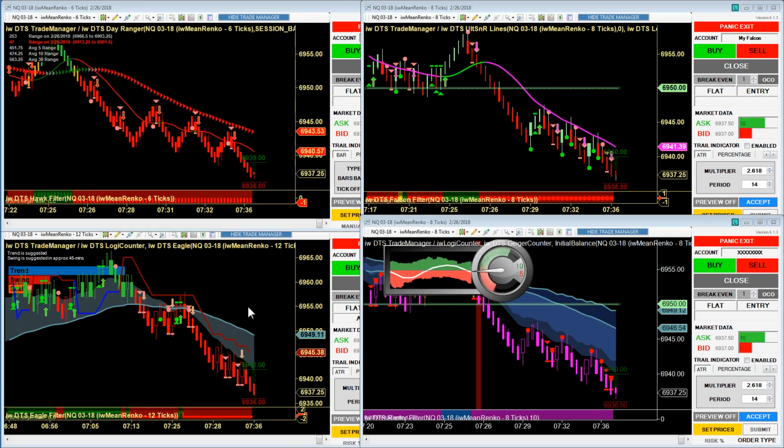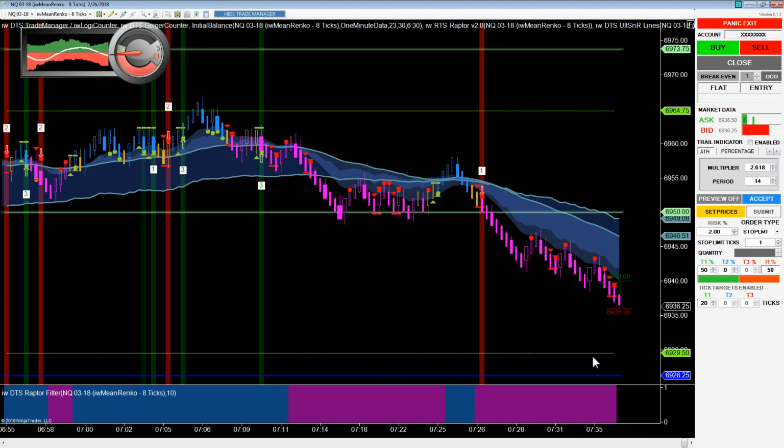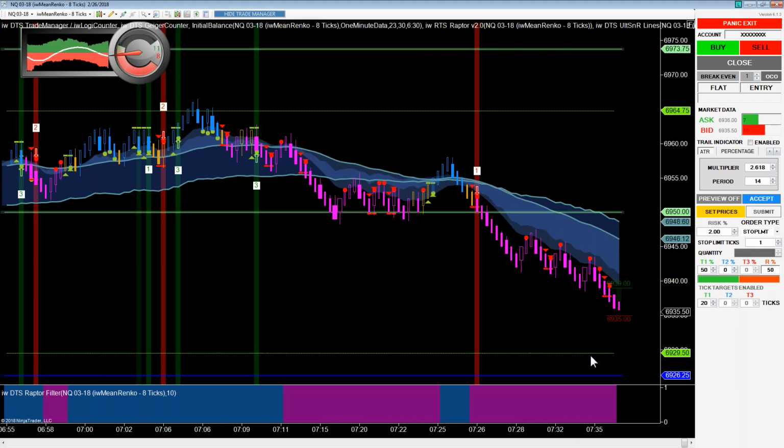Well, they're still drifting lower, so it does look like they're going to try to get down to the next support zone and certainly the low of the morning. So the seller's not quite done just yet.